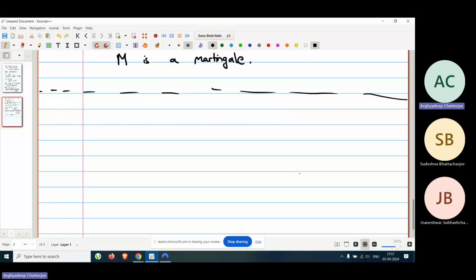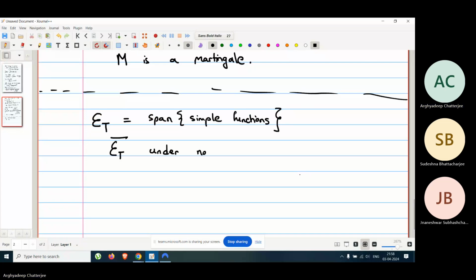So let this space ET denote the span of all simple functions. And we take the closure of the space under the norm MT2, like we said.